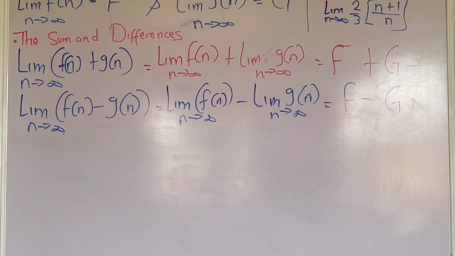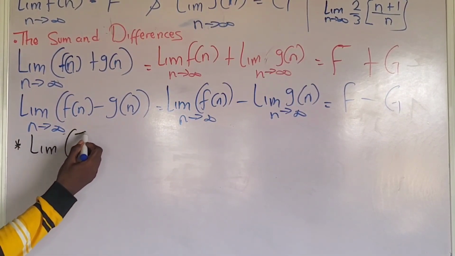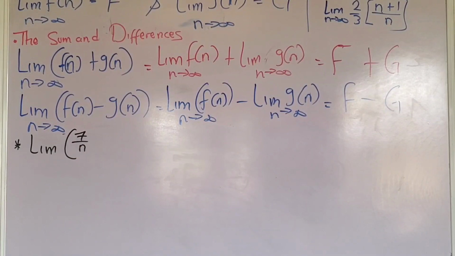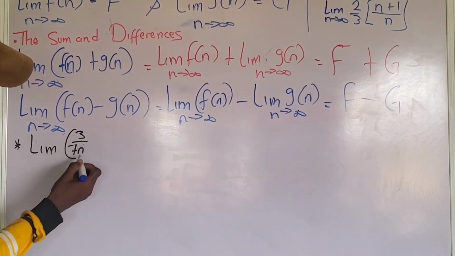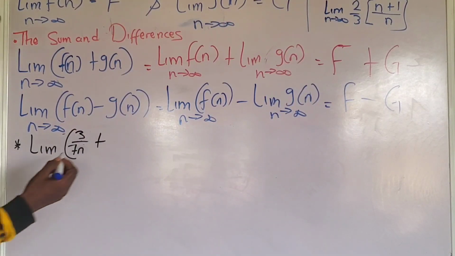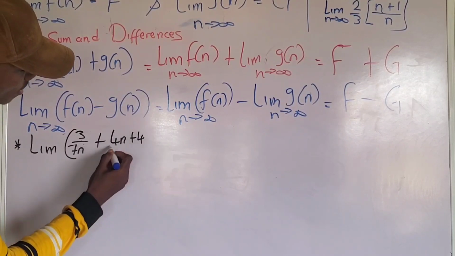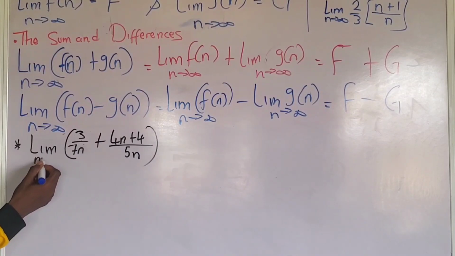Okay, let's say you have to take the limit of 3 over 7n plus 4n plus 4 all over 5n as n tends to infinity.